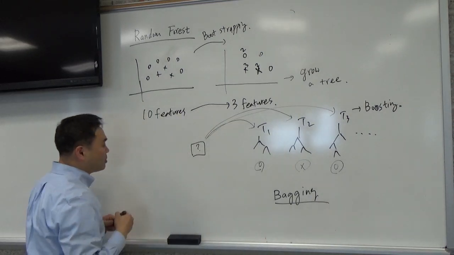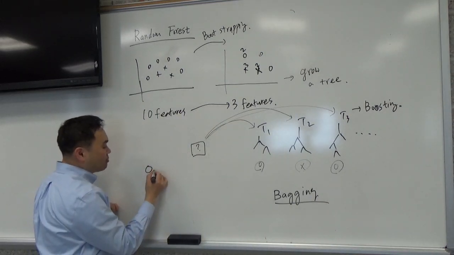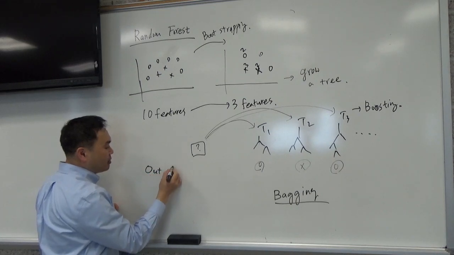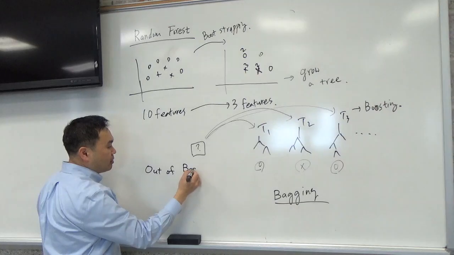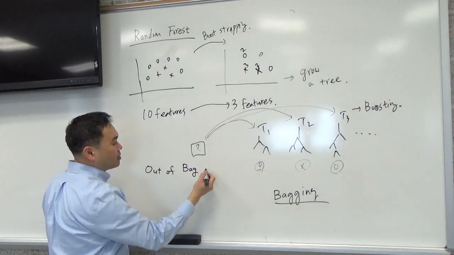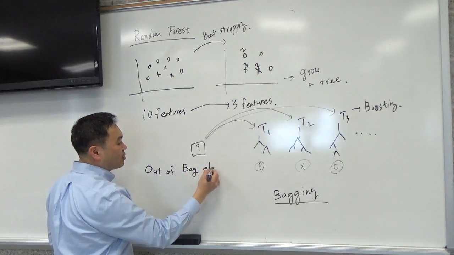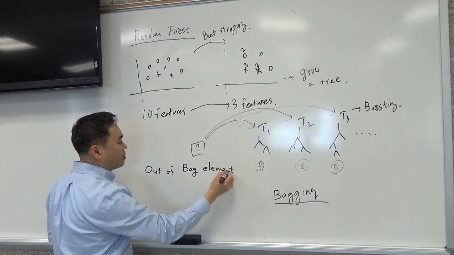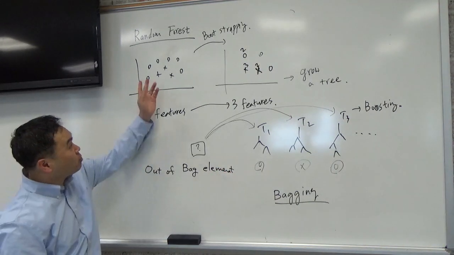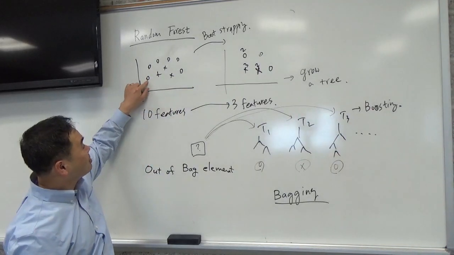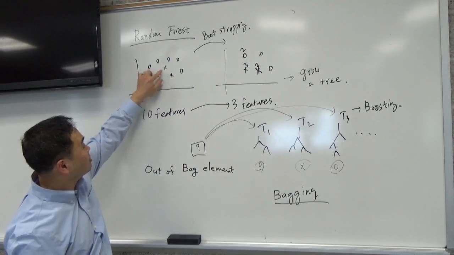There are a few additional things that you could discuss. There's something called an out-of-bag element. That one is like when you do bootstrapping, this is not chosen, this is not chosen, and this is not chosen.